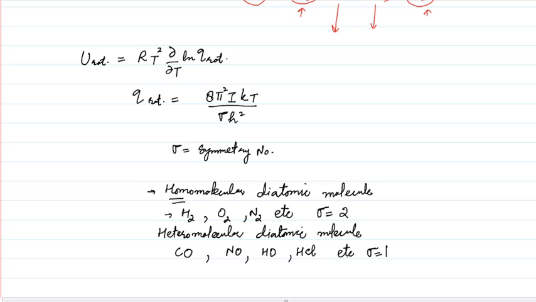So in short, if you have a homomolecular diatomic molecule, sigma will be 2, and if you have a heteromolecular diatomic molecule, sigma will be 1.